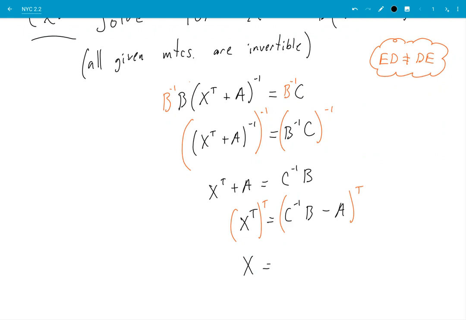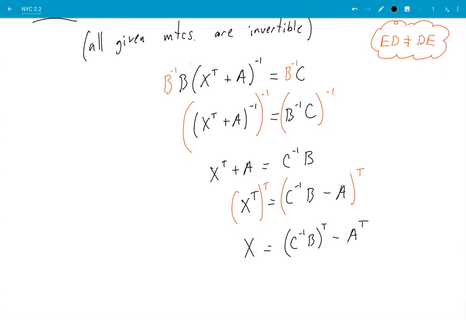What shall we do here? Oh, this is unpleasant, isn't it? Well, the transpose in this case, transpose can distribute like this. And what do I want to do here?